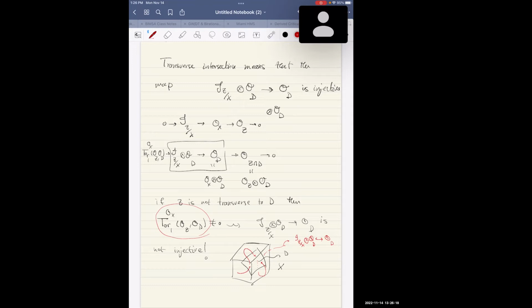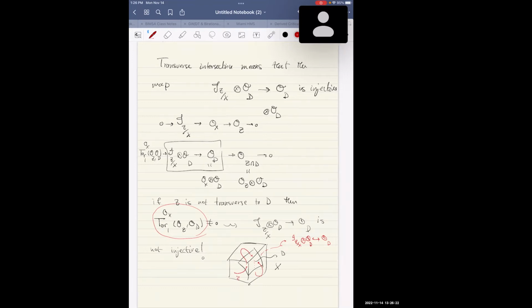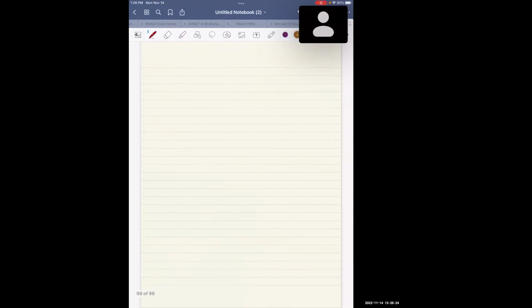It might be that this subscheme Z, this curve for instance, and the surface are meeting non-transversely inside X. So for instance, you could have X like that, a threefold, and you could have some divisor in it. And you could have a curve that comes in at some places, but then lies completely inside this surface itself and then gets out at some point.